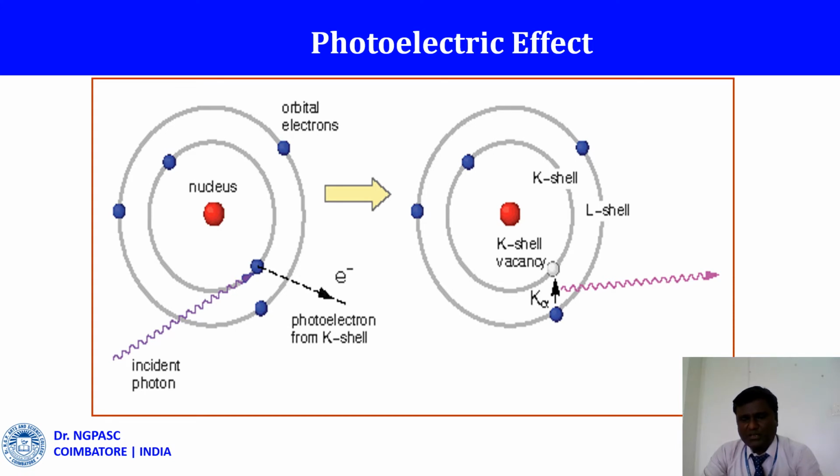The end products of the photoelectric effect are a photoelectron, characteristic X-rays and a positive ion. The positive ion occurs because of the electron ejected from the atom.